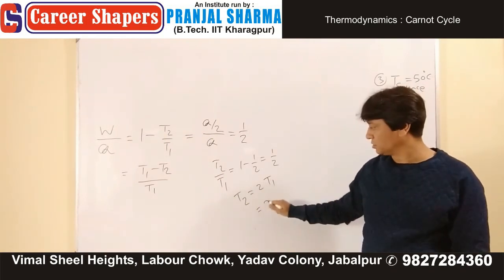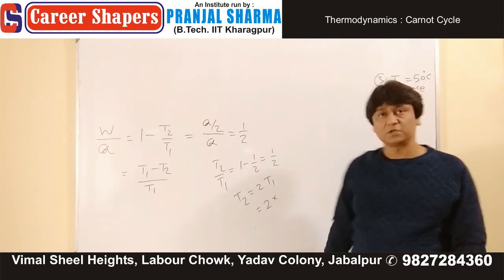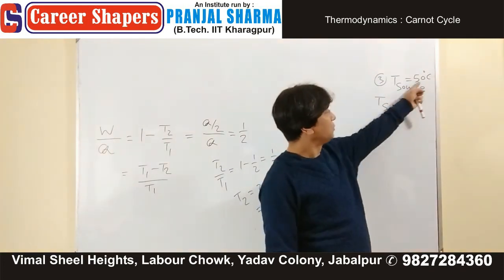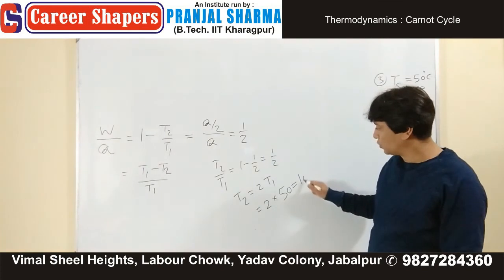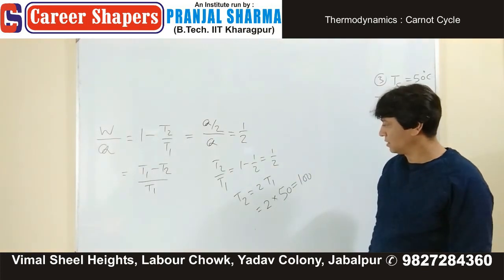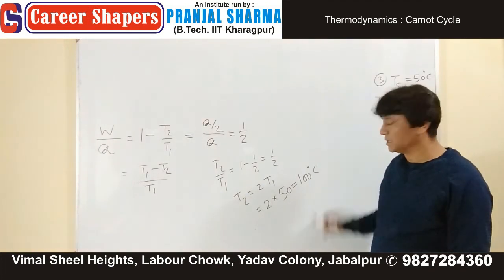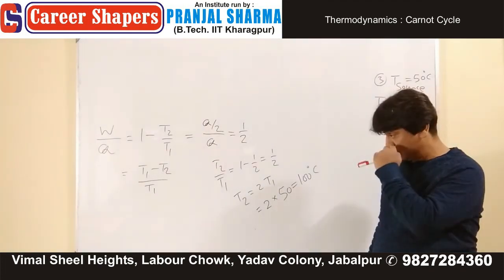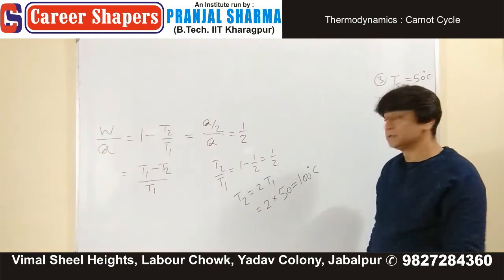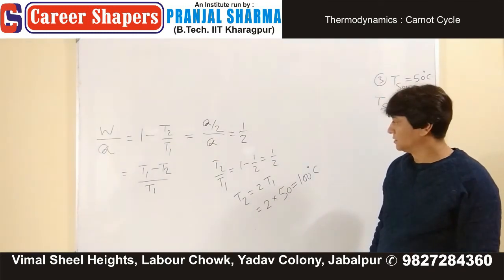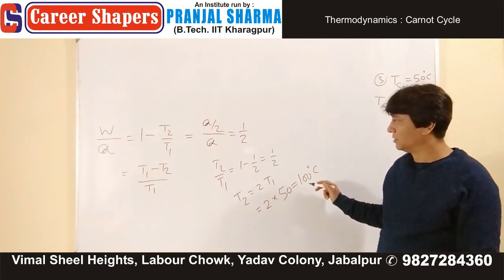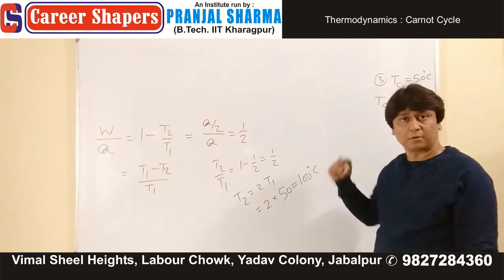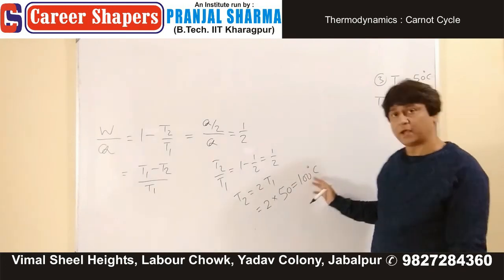T2 is coming 2T1. 2T1 means 2 into the temperature of source, 50. 2 into 50 is 100 degrees Celsius. Most people do this.